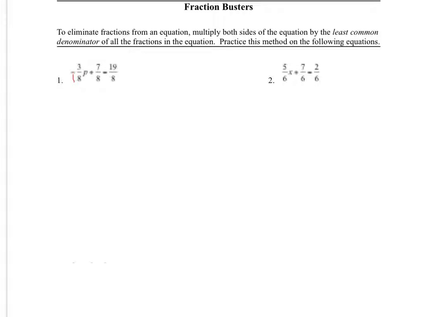So for number 1, since there is only one denominator and it's 8, you're going to multiply everything by 8. Sorry for that stray mark. I like to show everything by 8. If you do that, these 8s are going to cancel each other, and I'm going to wind up with negative 3p.